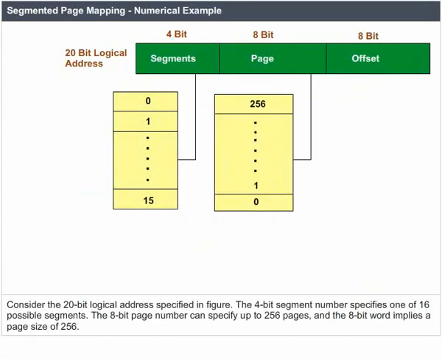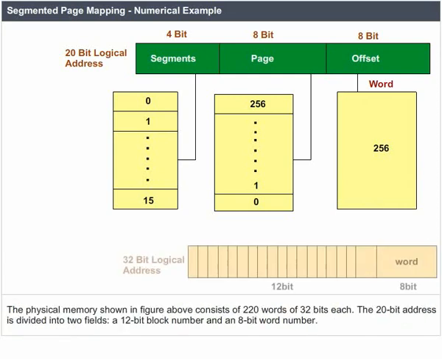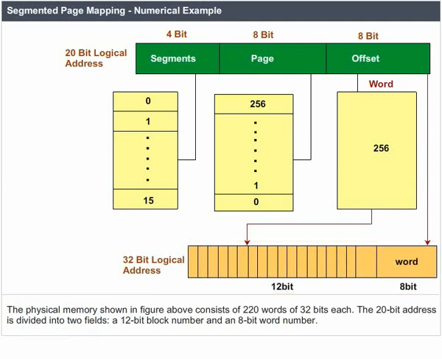Segmented page mapping. Numerical example. Consider the 20-bit logical address specified in the figure. The 4-bit segment number specifies one of the 16 possible segments. The 8-bit page number can specify up to 256 pages, and the 8-bit word implies a page size of 256. The physical memory shown in the figure consists of 2^20 words of 32 bits each.